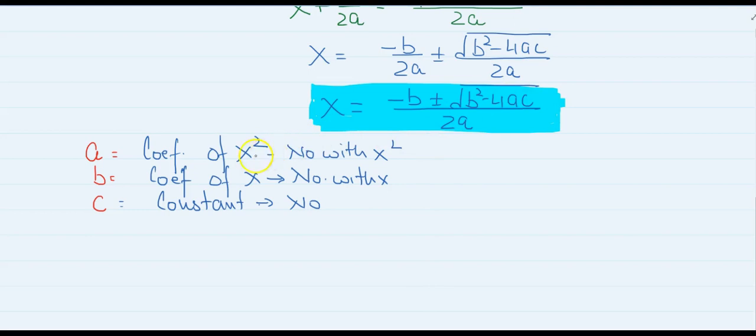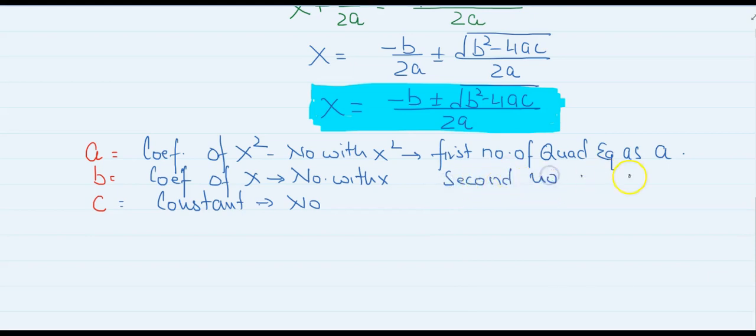Don't get confused. I've seen students easily get confused; they write the first number of a quadratic equation as A, the second number as B, and the third number as C. This may or may not be true, but you're not supposed to reason like this.